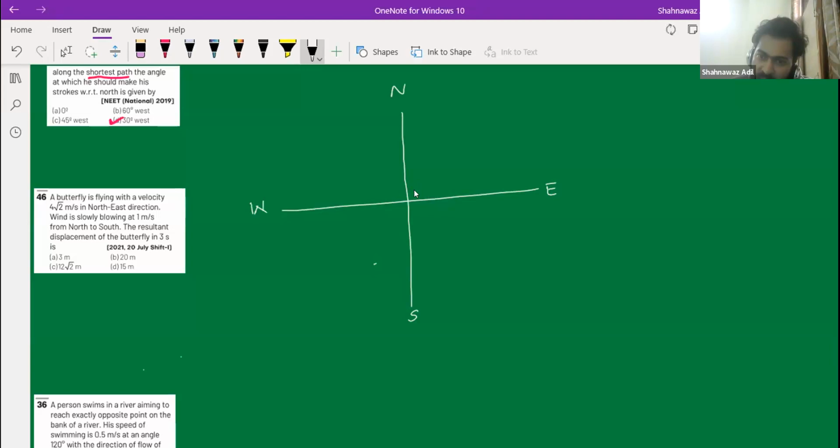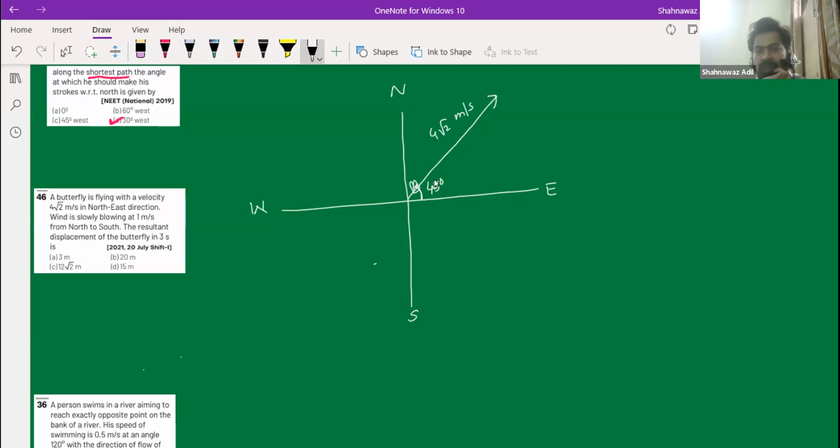The butterfly is flying in the northeast direction, and the magnitude is 4 meters per second, right? Northeast means this angle is 45 degrees.